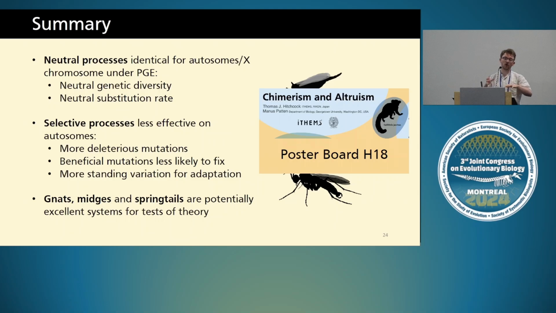So on average, the autosomes in these PG systems are much more conducive to female beneficial variants invading. It's much easier for anything female biased to invade on the autosomes. Does that answer the question? Okay. It's really interesting as well because they don't have a male-specific chromosome. So they don't have anything to maybe fight back against the sexually antagonistic alleles. Yeah, exactly.